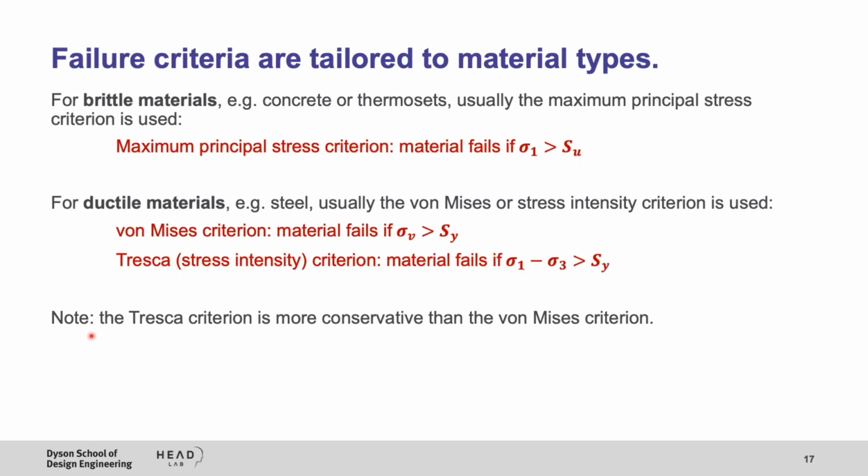You should also note here that the Tresca criterion is more conservative than the von Mises criterion. This means that you will be more conservative in the design, but probably your design will be a bit heavier by using the Tresca criterion.